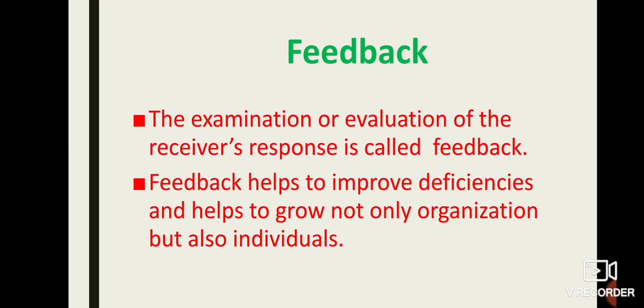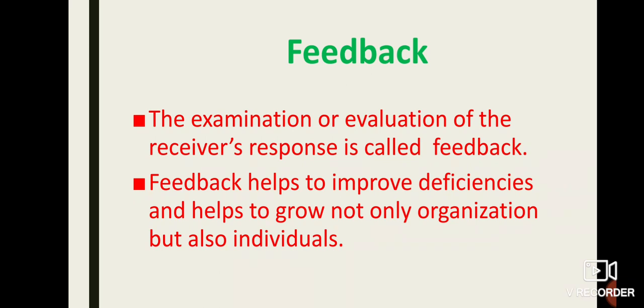Feedback is essential to make two-way communication effective. Without feedback, the communication process remains incomplete. Feedback is the only way to gain the receiver's response, and depending on the feedback, the sender can take further steps. It is very important for the sender to know how the message works.